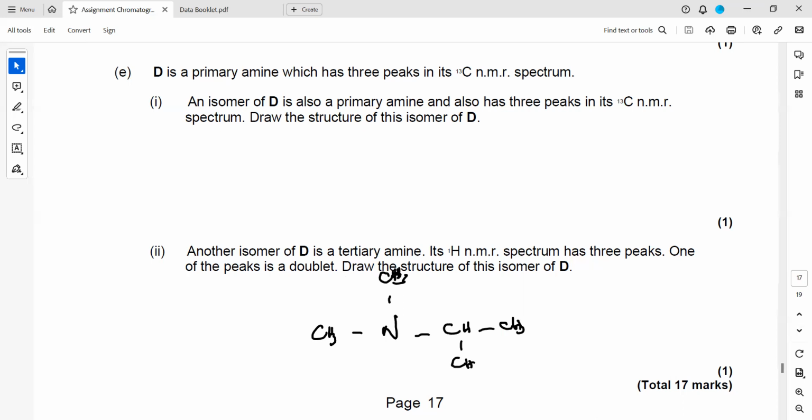A tertiary amine means all of the hydrogens are replaced. So this is also another proposed structure. If you see, this will have one hydrogen environment, this is a second hydrogen environment, this is a third, and this will also give a doublet. So this is also correct.